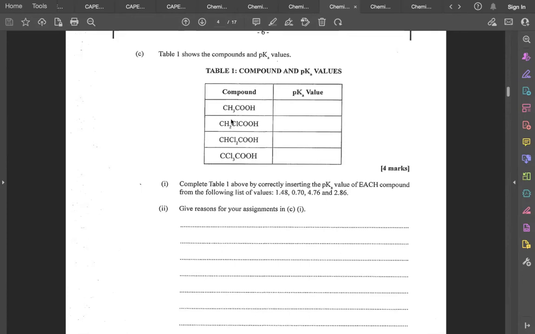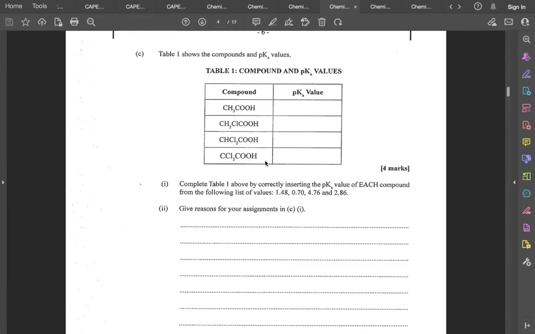So this one has 1 chlorine, so this is a monochloroethanoic acid, dichloroethanoic acid, and trichloroethanoic acid. In this one, all the hydrogens from the methyl part that we started with ended up being substituted. So we went from CH3 to CCl3, COOH, right?